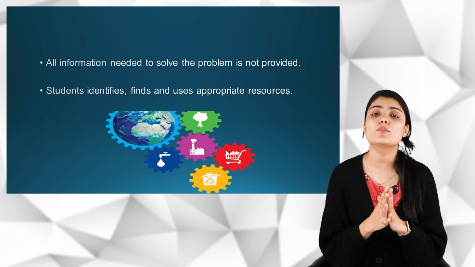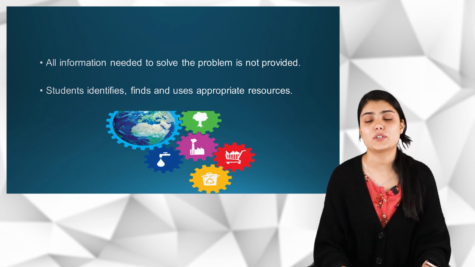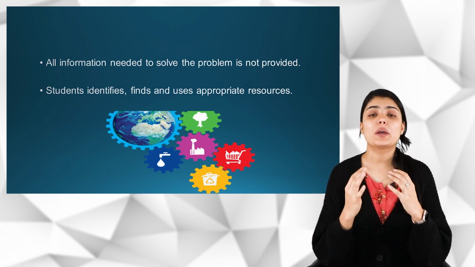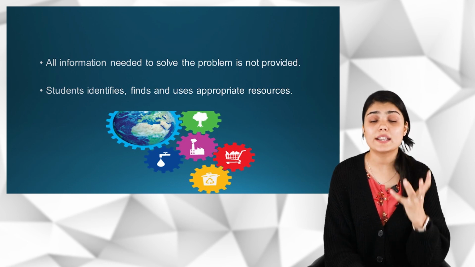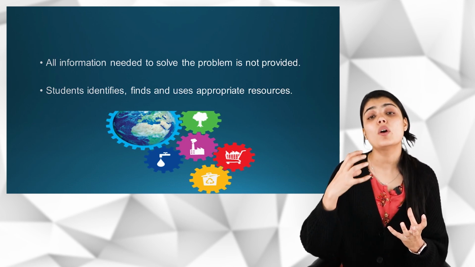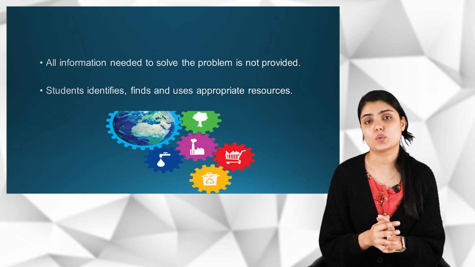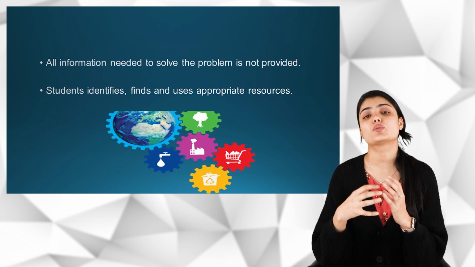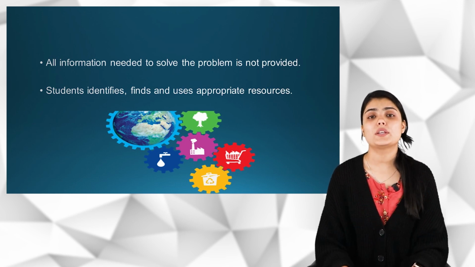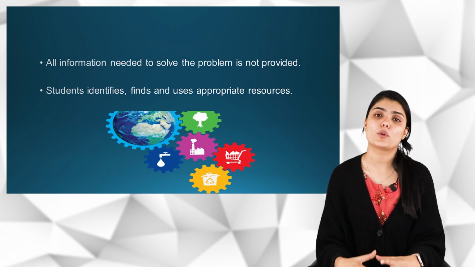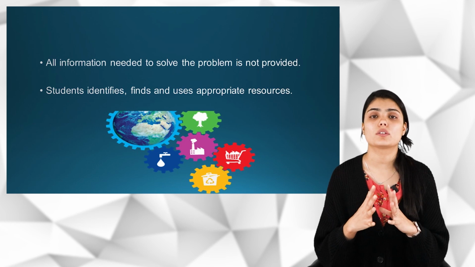But the teacher will not provide all the required information for the students. Why? Because the teacher wants the student to be involved in the process, to understand the problem first and then to actually find the solution to the problem. So in order to make sure that the students are engaged in the process of learning, all the information that is required to solve the problem is not provided for the students.